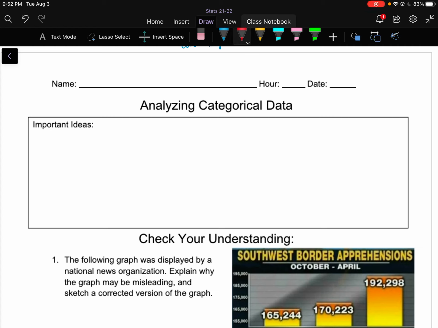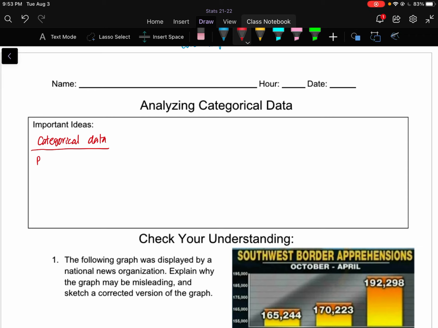Okay. So this lesson is all about categorical data. Okay. And so the way we record categorical data is by recording the counts, like how many people fall into each group, or the percentages, right? What percent of people fall into each group.